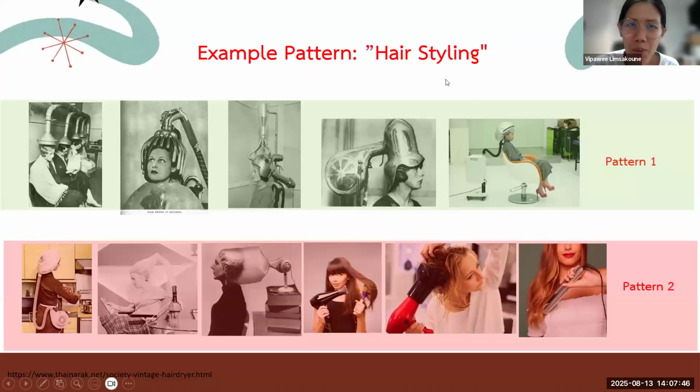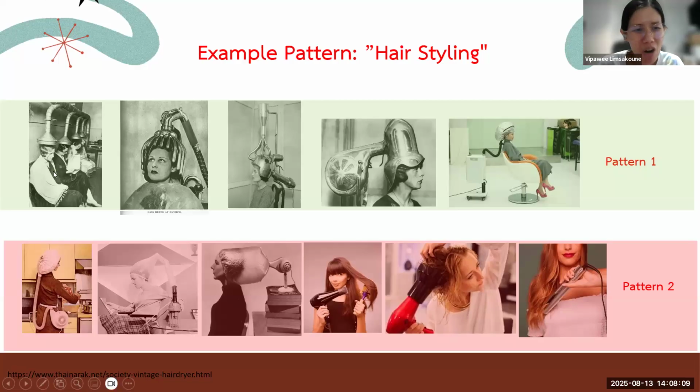This is another example of one of the occupations, but only two patterns here. Hairstyling or salon, right? People, hairdresser, you can call that too. So at the beginning, they have like a big machine like this to style our hair.